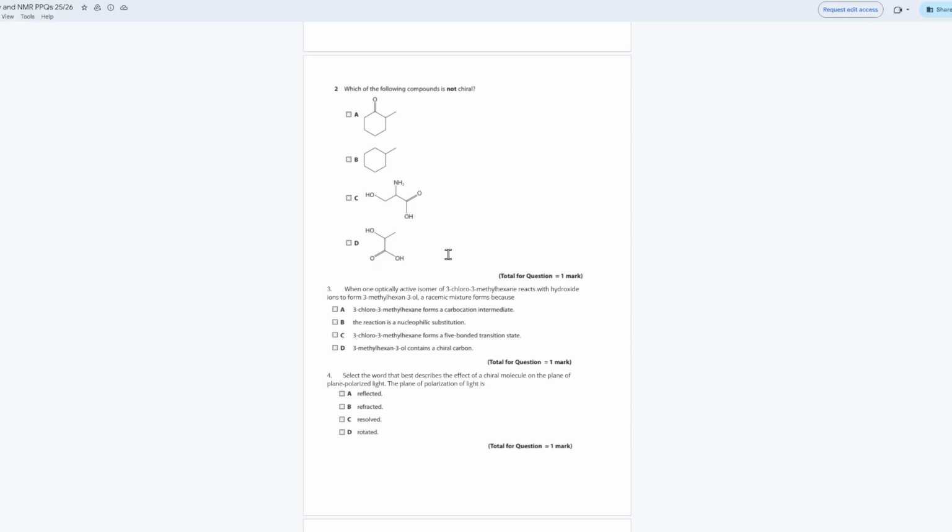Oh, yeah, even the most unique carbon in B, the carbon with the methyl on it, still has two groups which are the same, the two groups that form the cyclohexane. They're the same because overall the pathway is the same. So that's immediately what I'd go for. I wouldn't even consider any of the other ones.